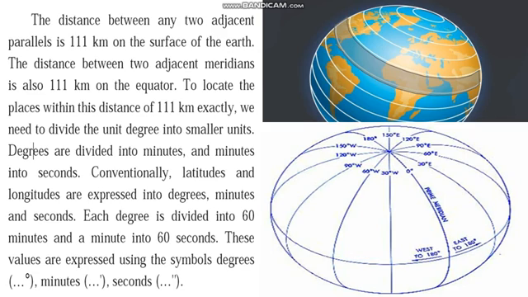Each part is called 1 minute, and again the distance of 1 minute is divided into 60 parts. Each part is called 1 second. The method of dividing degrees into minutes and minutes into seconds is necessary to locate a particular place within two adjacent meridians.